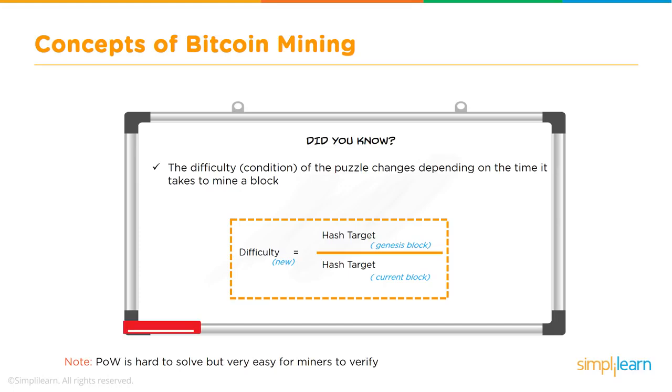So basically it is very hard to generate the proof of work, but it is very easy for the miners to verify. Once you have solved the puzzle and broadcasted it, for other miners it is very easy to verify what you have done. And once the majority gives their consensus, the block gets validated and added to the blockchain.